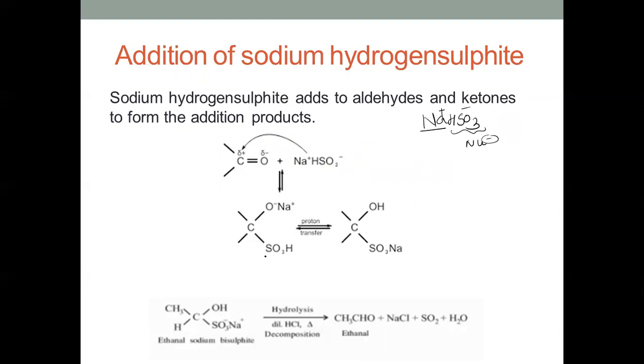This is called the hydrogen sulfite addition product, and the proton transfer will occur. So the proton transfer will occur in this manner, resulting in the formation of the bisulfite addition product, which is crystalline in nature.